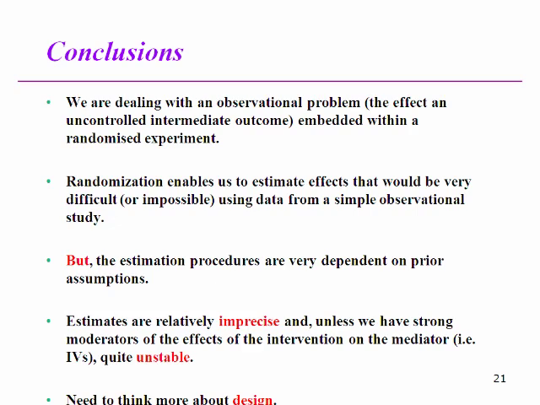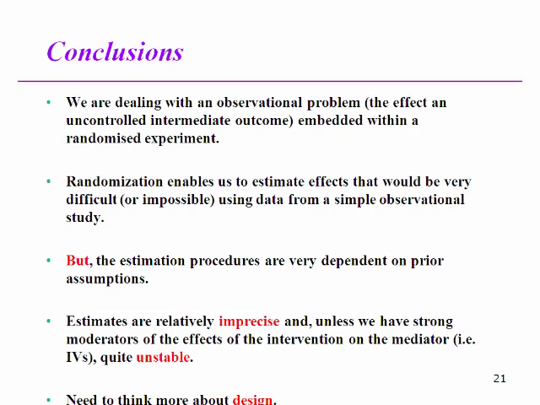So randomization enables us to estimate effects that would be very difficult or impossible using data from simple observational studies, unless we could find another convincing instrument or set of instruments. And it is quite difficult to find them. And the ones that you find in the literature, yeah, they sort of work, but they're not desperately convincing.